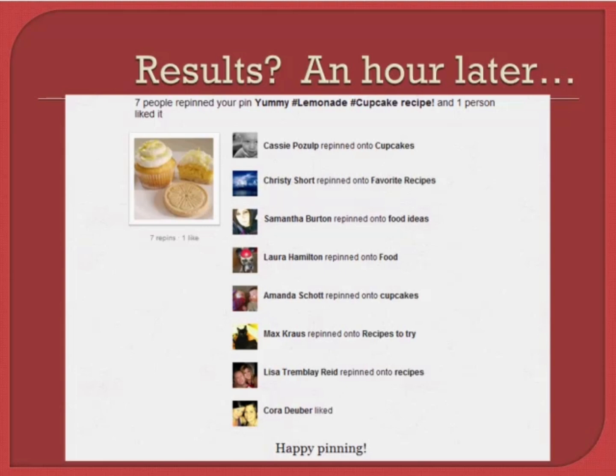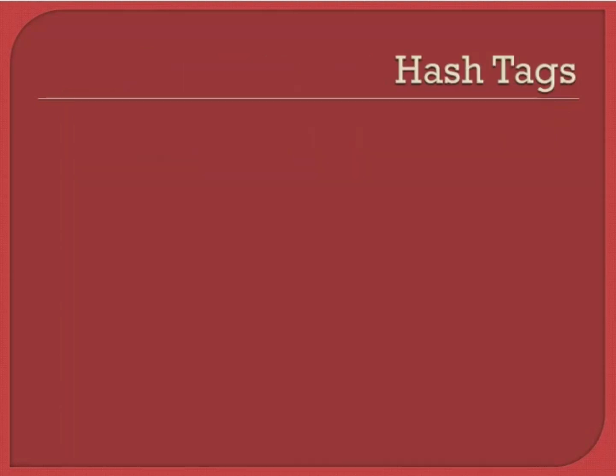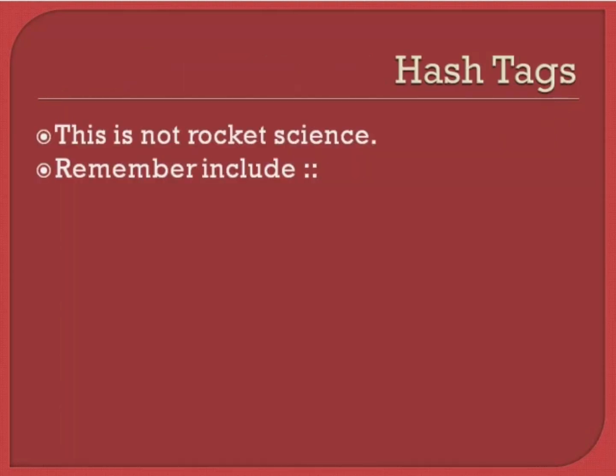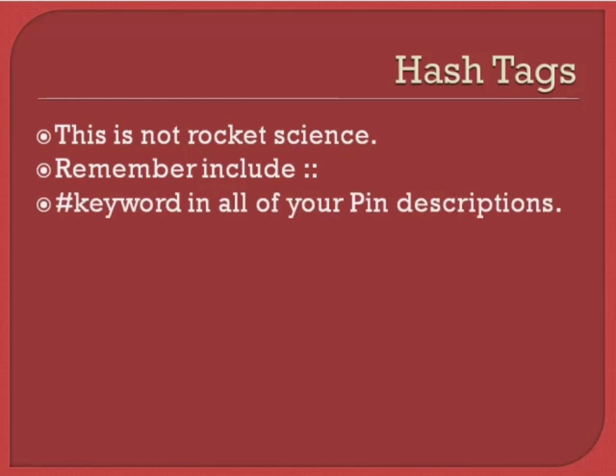It's not like I did anything. All I did was put up a pin of a picture and target it. So as you can see, it's very, very powerful to use hashtags. This is not rocket science. So remember, include keywords in all of your pin descriptions, even the ones that you repin.